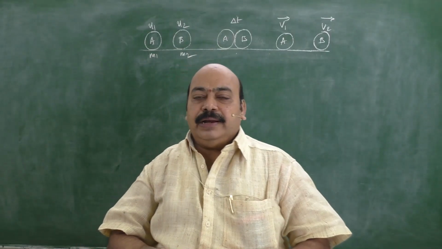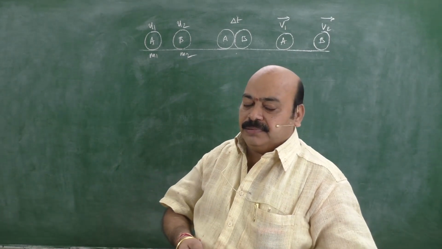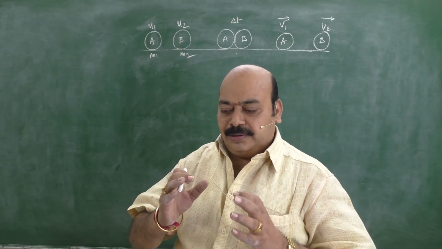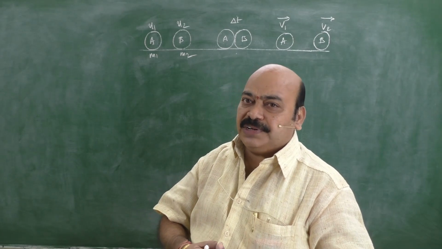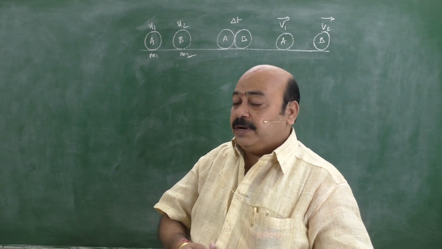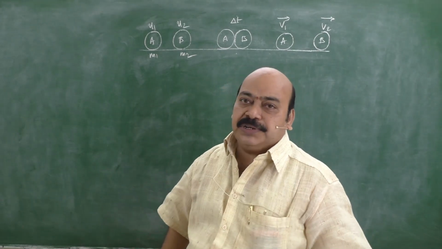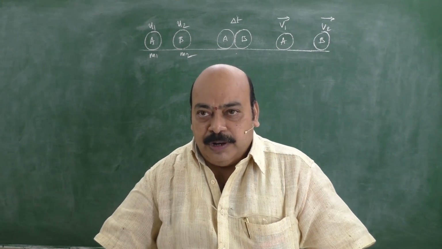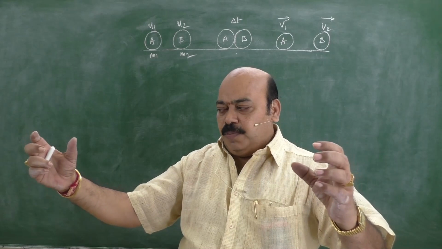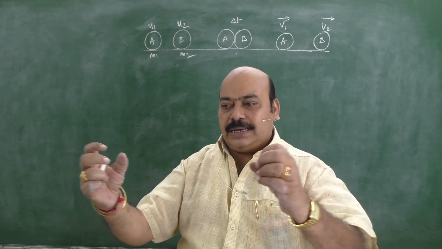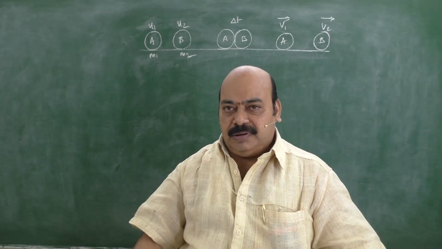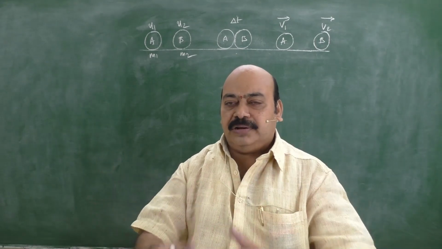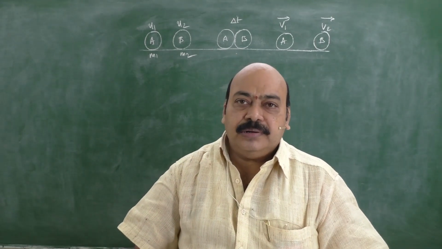Now, let us try to verify the law of conservation of linear momentum in the case of a one dimensional elastic collision. What do you mean by collision? If two bodies hit against each other, a large force acts for a short interval of time, that is called collision.